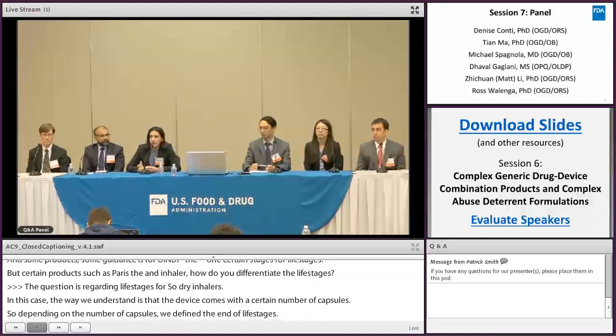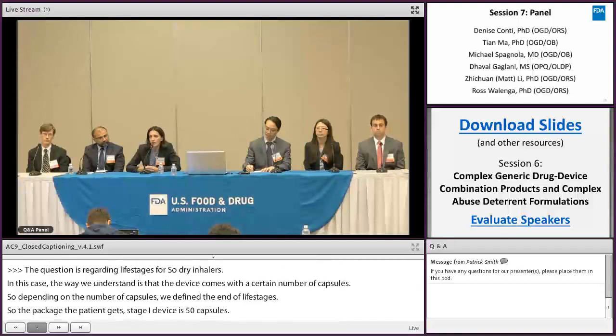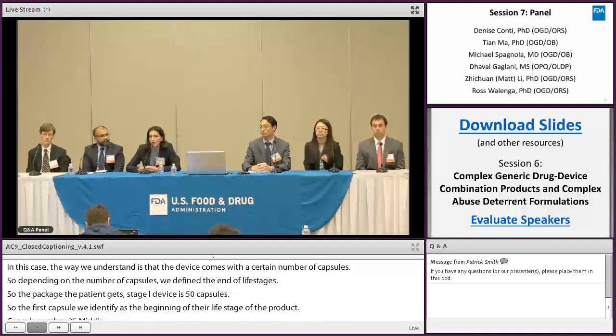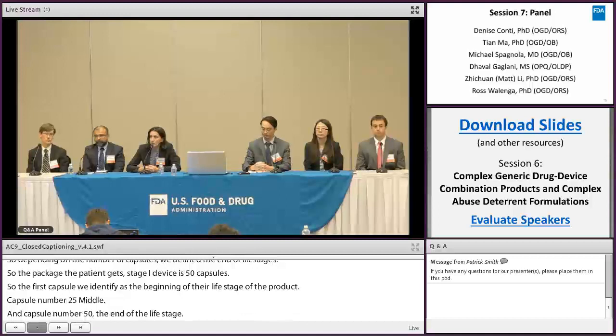The first capsule we identify as the beginning of the life stage of the product, capsule number 25 middle, and at the end capsule number 50 the end of the life stage. So we basically consider the device functioning throughout all the capsules that are supplied to the patient.